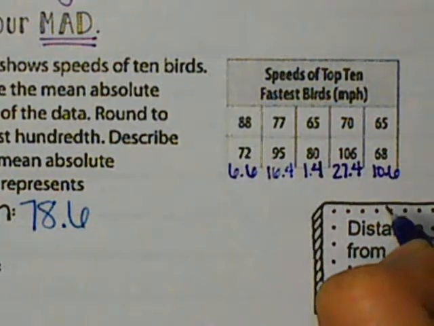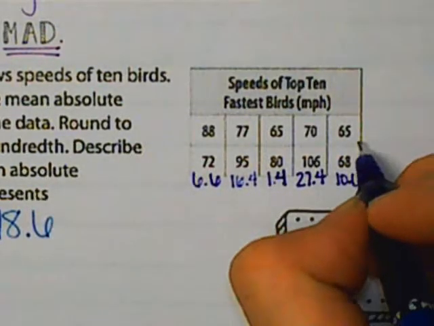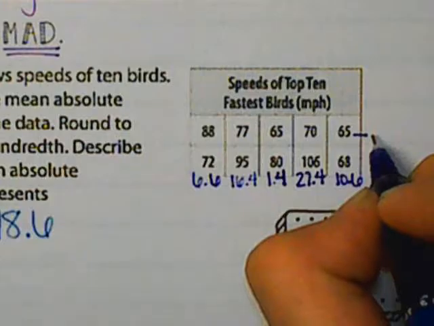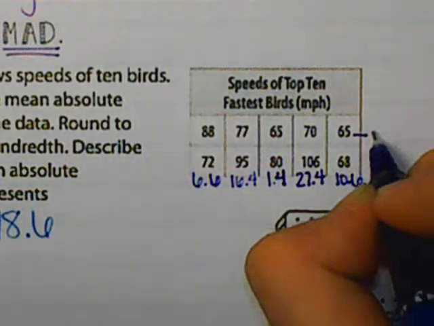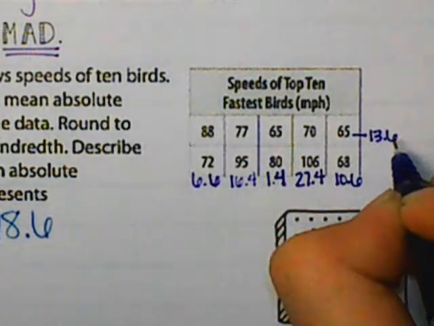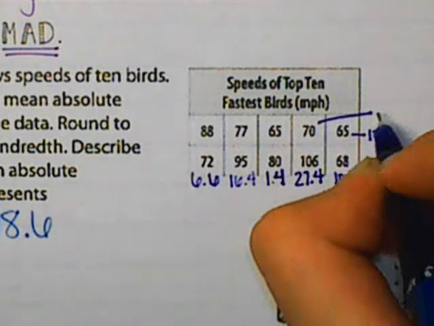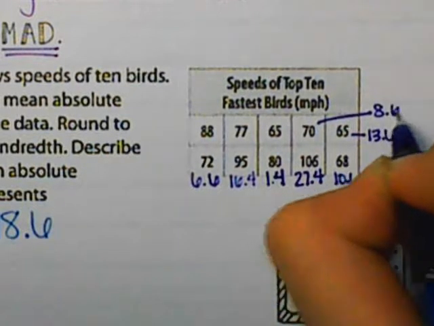So we've done 5 of the distances, with 5 more. So 78.6 minus 65 is 13.6. 78.6 minus 70 is 8.6.